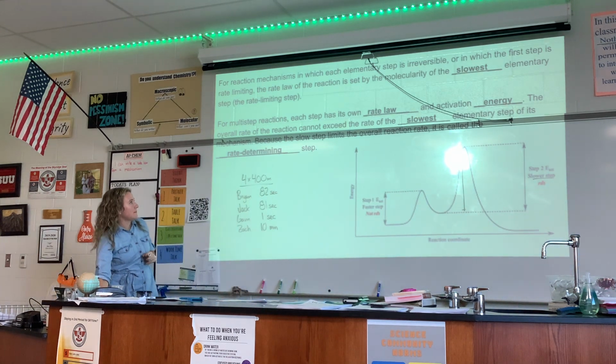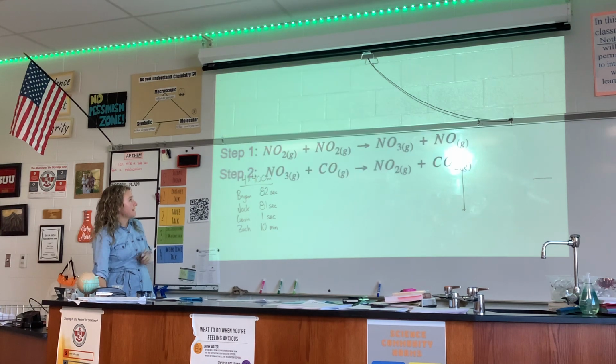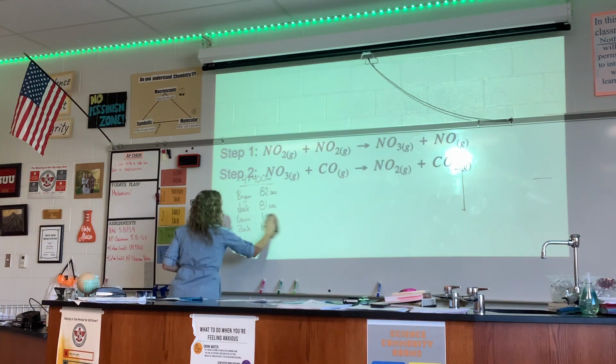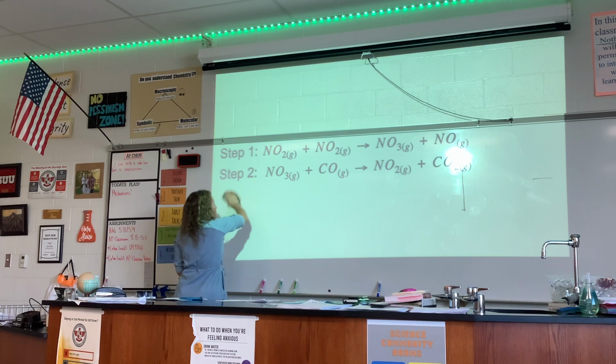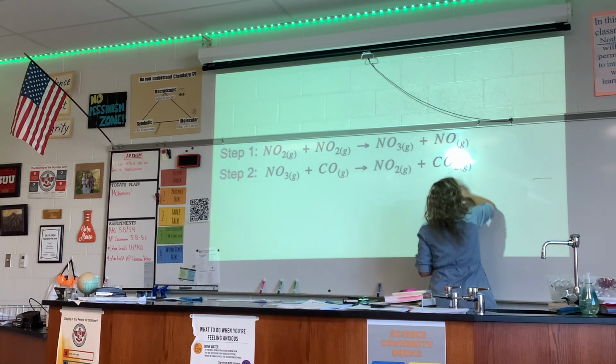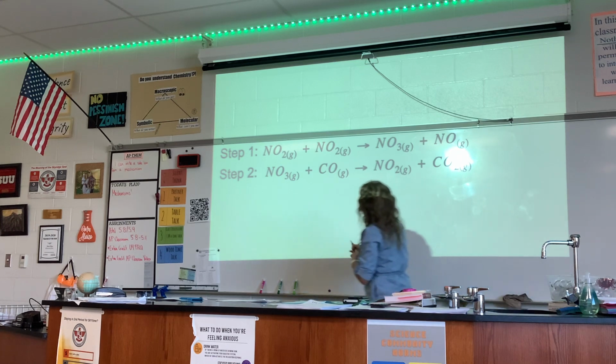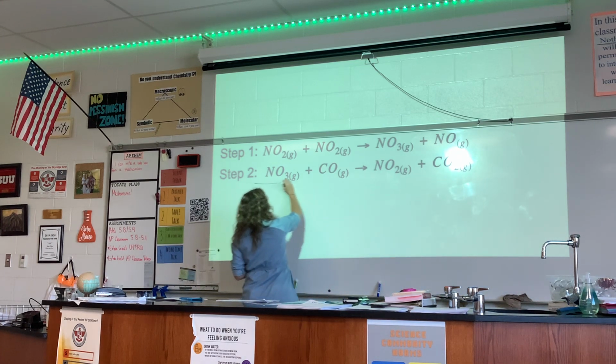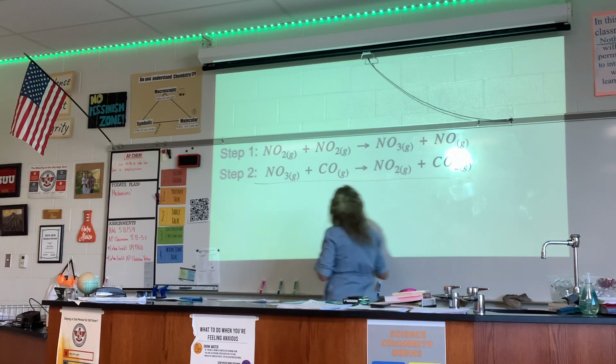Okay, let's look at an example of writing an overall rate law. So here's our mechanism for this reaction. Now, I could write the overall reaction, and maybe let's practice doing that, because then we can prove a point here. This is the same problem we did last time.